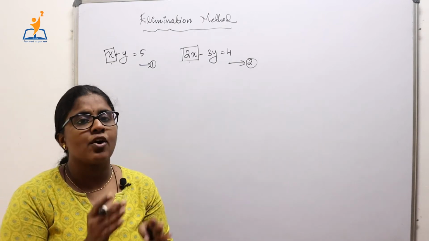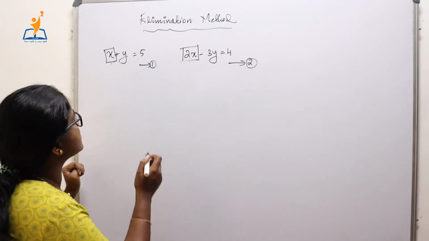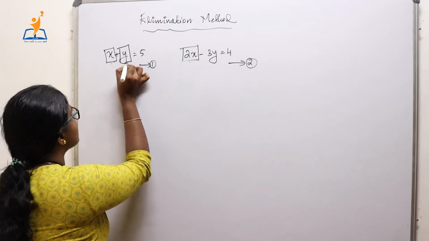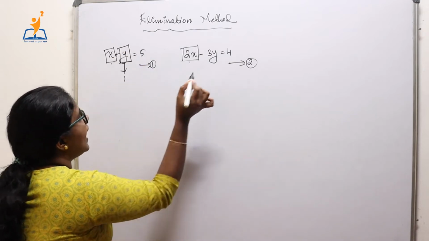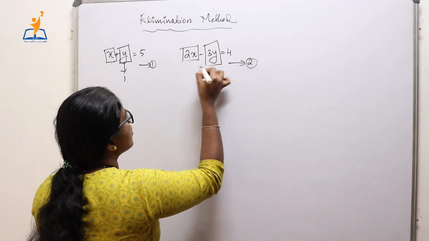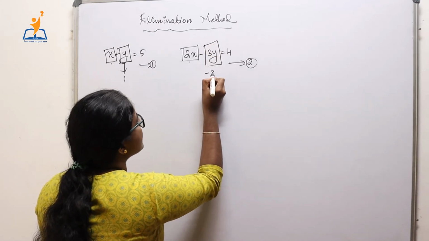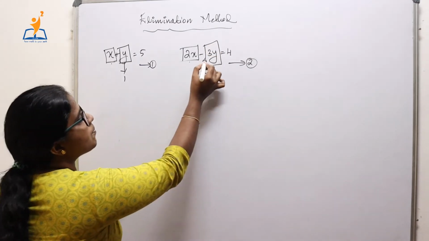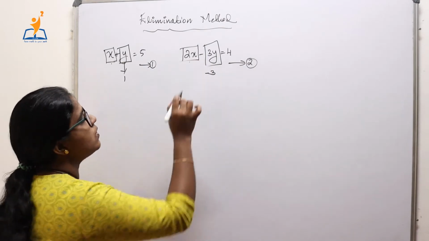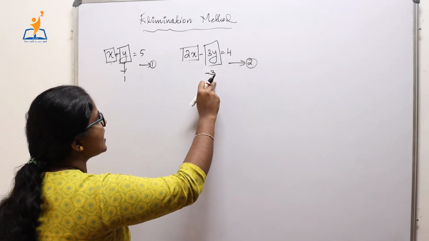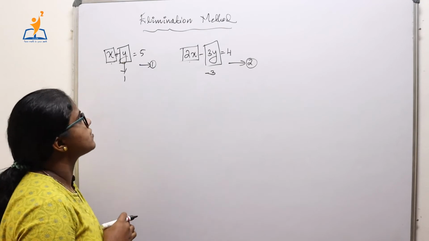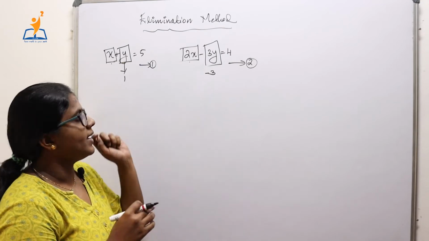Now what are the coefficients of y in these equations? Here the coefficient of y is 1 and here the coefficient of y is minus 3. Please include the sign also. Therefore the coefficient of y is minus 3 here and 1 here.